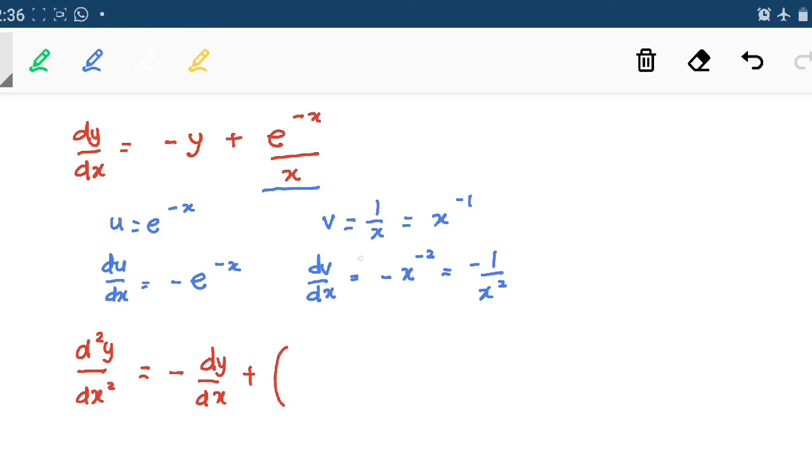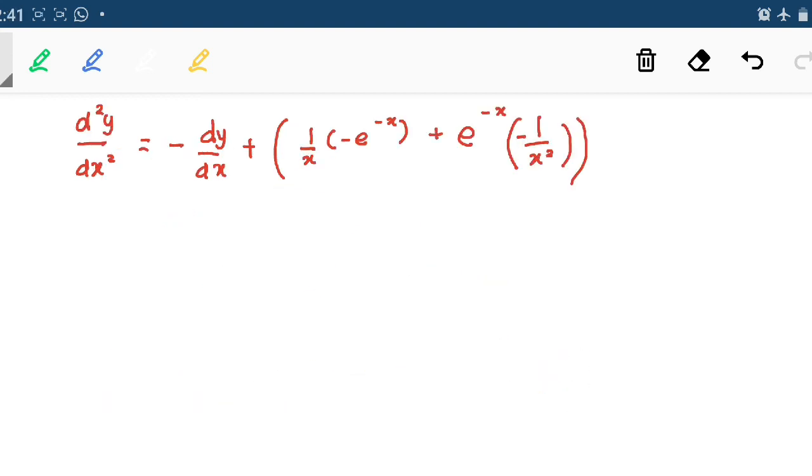So we substitute our u, du dx, v and dv over dx into the product rule formula. So we get 1 over x times negative e power of negative x, plus e power of negative x times negative 1 over x squared. Next, I move dy over dx to the left hand side and I expand the equation in the bracket.